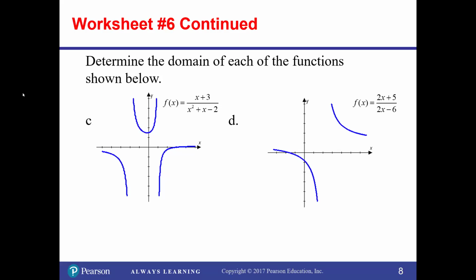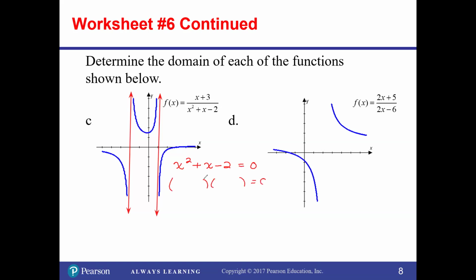So if you look at C and D, it looks like maybe here at -2 and maybe here at 1 are 2 of the places. It looks like maybe I don't have any values in my domain. Well, once again, we're just going to take that denominator of x squared plus x minus 2 and set it equal to 0.